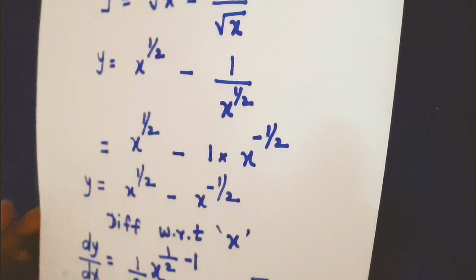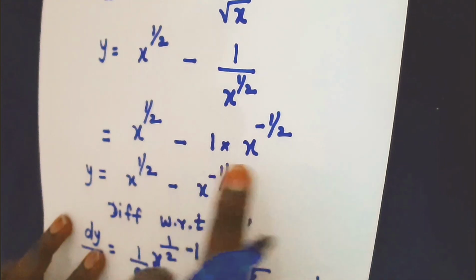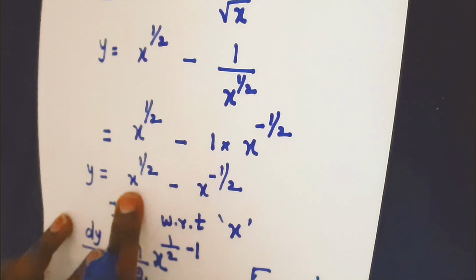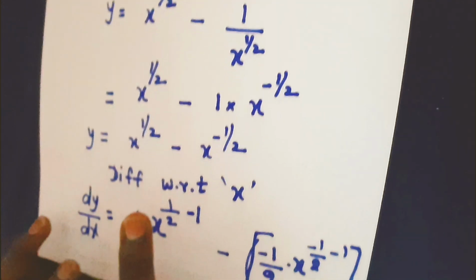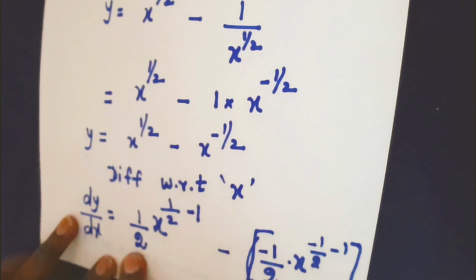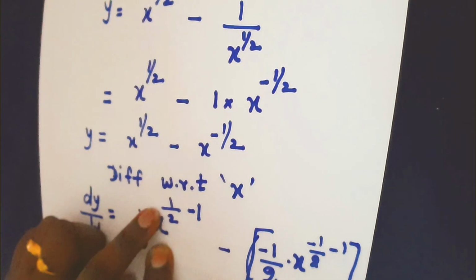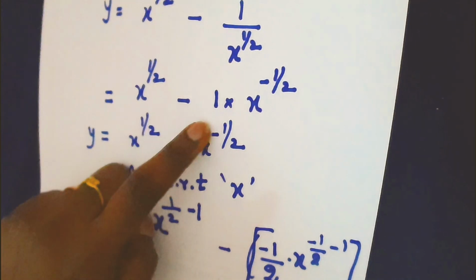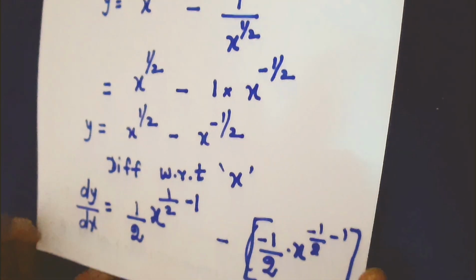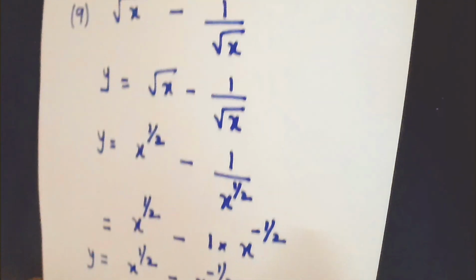Then what we did, 1 multiplied by x to the power minus half is x to the power minus half. We have to differentiate each and every term, apply the basic power rule. So half into x to the power n minus 1, half minus 1 minus, what is n here? Minus half. So minus half into x to the power half minus 1 now.